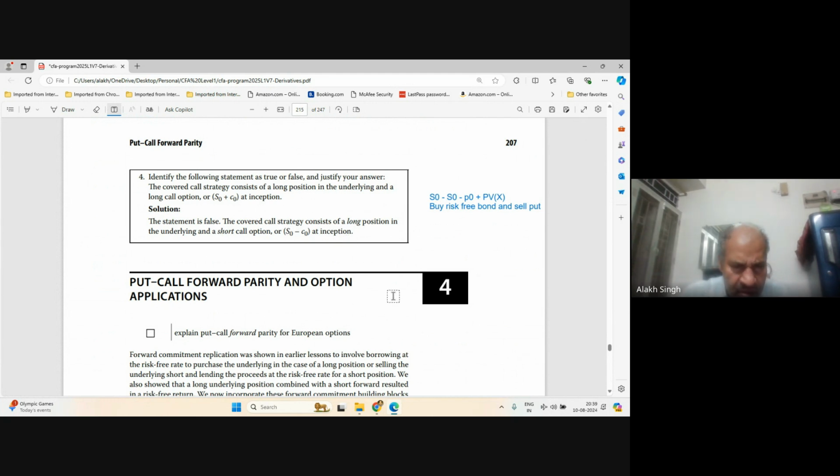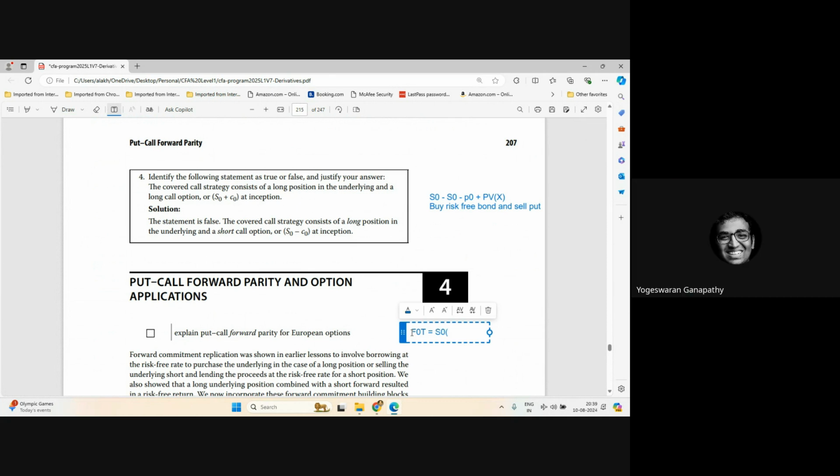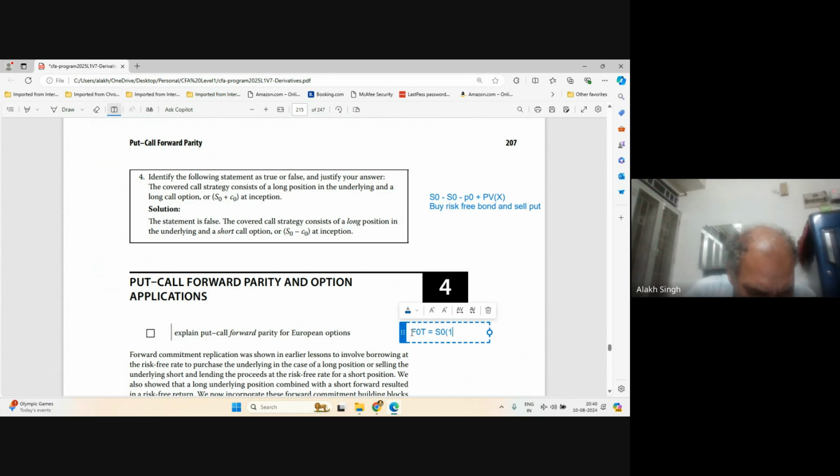Okay. So put-call forward parity. This one is put-call parity. And what do you know about forward? What is the formula of F0T? You remember? Sir, S naught into 1 plus R to the power T. So what is put-call parity?